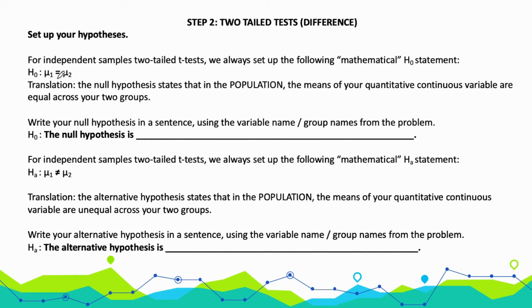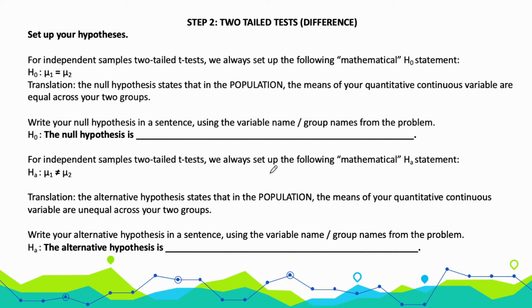That means that there's no statistically significant difference between the means of these two groups. The translation into narrative form is that the null hypothesis states that in the population, the means of your quantitative continuous variable are equal across your two groups. You want to write your null hypothesis in a sentence using the variable name and group names from the problem. I'll show you that on the next slide.